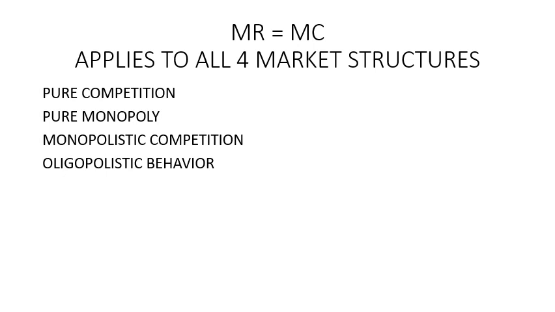The four market structures are pure competition, the other extreme, pure monopoly, and the two more realistic market structures, monopolistic competition and oligopolistic behavior.